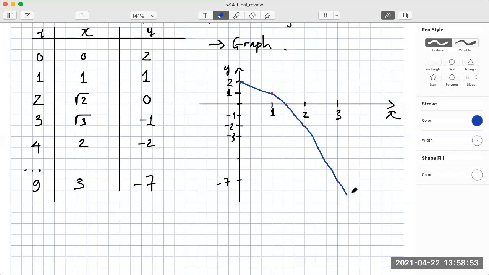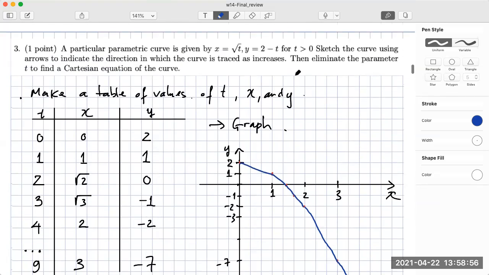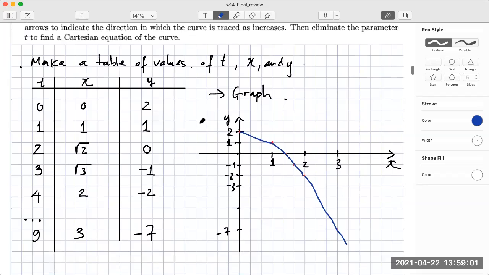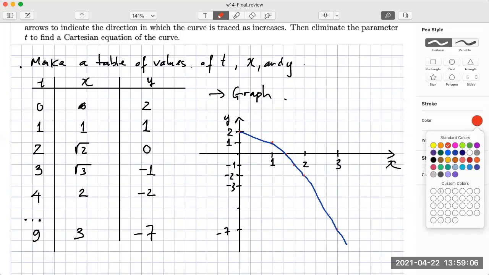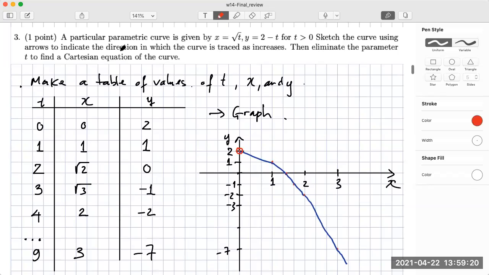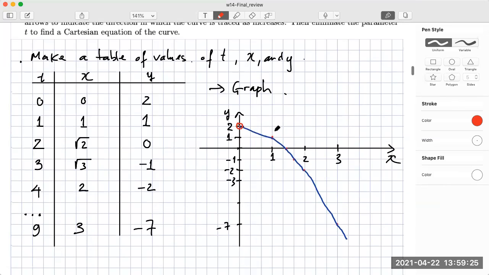Okay, but remember, t here is strictly positive. So can we pick this point at 0, 2? At x is equal to 0 and y is equal to 2? No. Thank you. That is why we use a hole right here to indicate that we are not allowed to pick this point. And the question here says to sketch this curve and use arrows to indicate the direction when t increases.